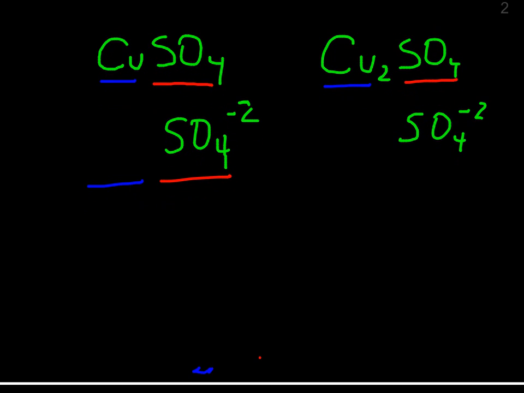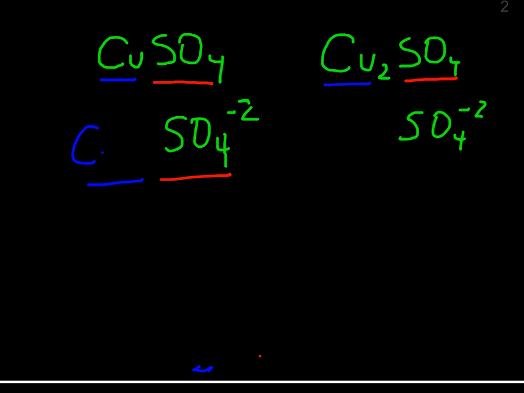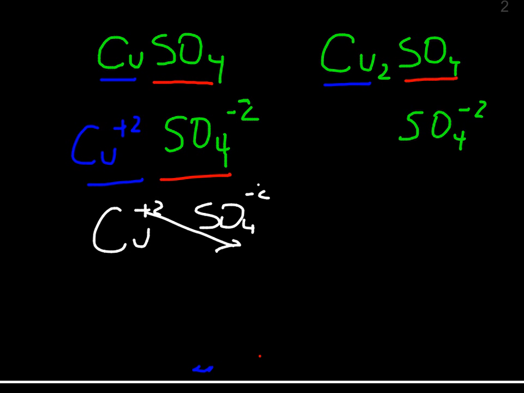The copper must be a +2, because when I put those back together, the +2 drops down to the SO4, and the -2 crosses across there. 2 and 2 reduces back to CuSO4.